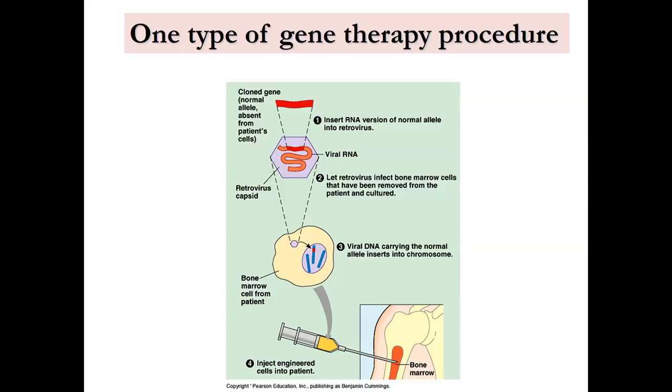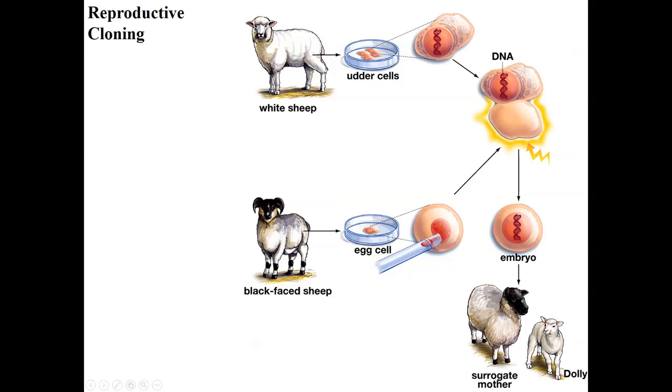Now the bone marrow cells have the genes, which can incorporate into their DNA. We call it a retrovirus. Once they get in, they incorporate the DNA inside your genome. So now you have your gene of interest that you were lacking in the first place. Now you have it inside your bone marrow cell, and that bone marrow cell can be injected into your bone marrow, and so the genes now transfer. So that's gene therapy.